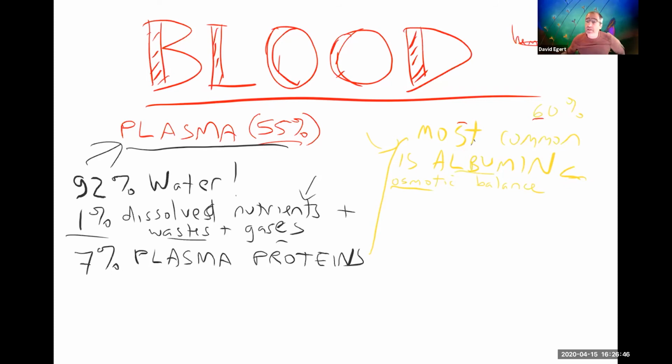Albumin, as well as others, also act as carriers to help move things through the blood that normally wouldn't dissolve. There are a lot of lipophilic, non-polar things like steroid hormones and fat-based vitamins that don't dissolve in water. They're not going to just dissolve in your plasma.